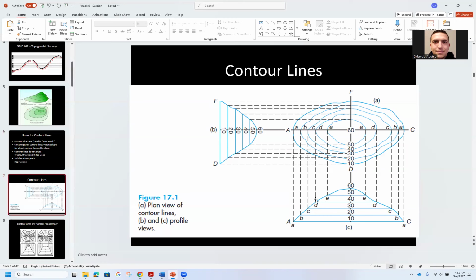So that is just another good characteristic of how contours work. Again, the further away the contours are, as you can see here on the plan side, the flatter the elevation is in that area. But the closer they are, kind of like between B and C here, the steeper the climb.